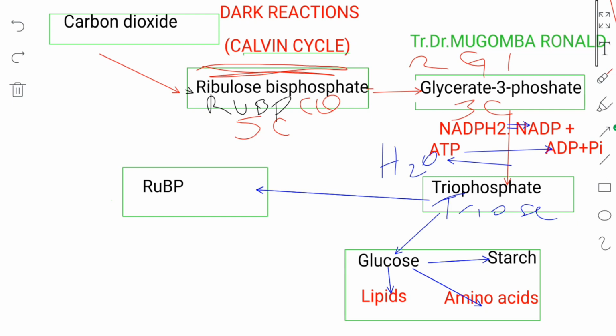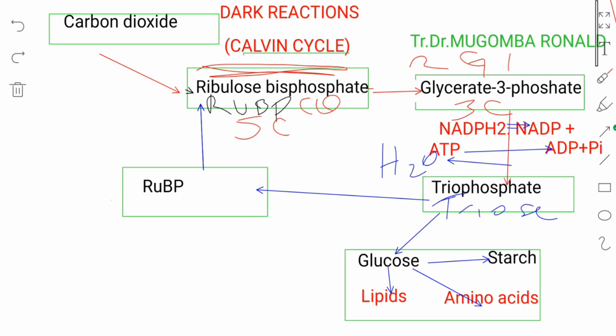It is converted to ribulose bisphosphate, which combines again with carbon dioxide, and the whole reaction continues. This stage where ribulose bisphosphate is formed from triose phosphate is called the regeneration stage.